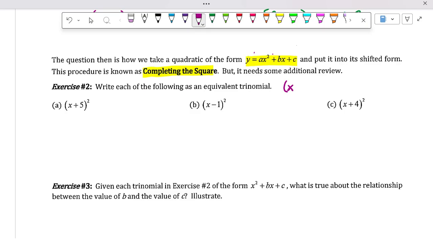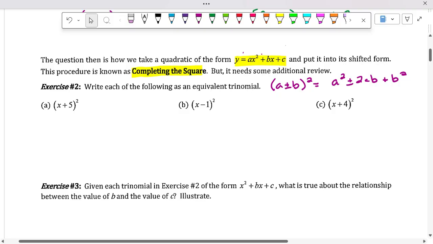So remember, if you have a plus or minus b squared, that's the same thing as a squared plus or minus 2ab plus b squared. So x plus 5 all squared is what? As a trinomial.